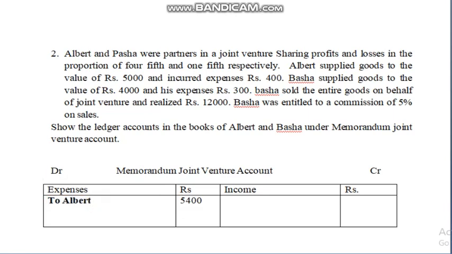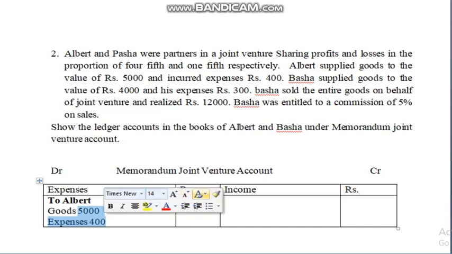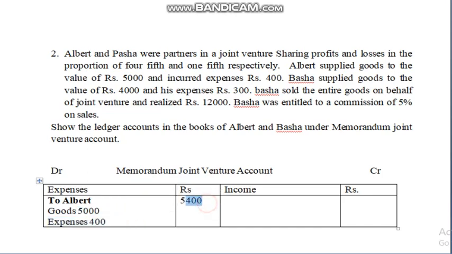Under that, record goods worth rupees 5,000 and expenses 400. So total 5,000 plus 400, 5,400. Here the first transaction is over.